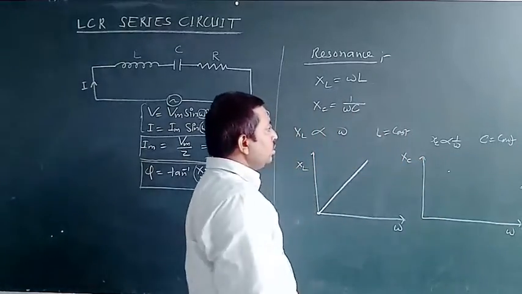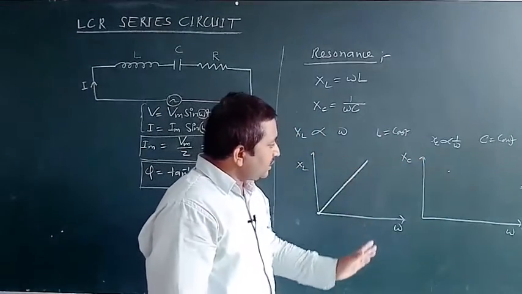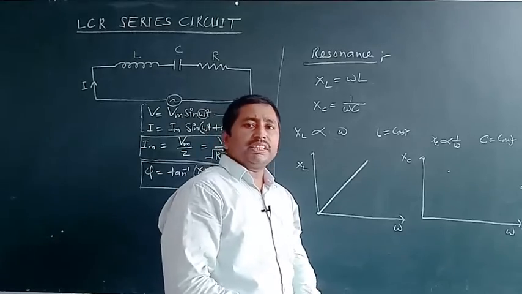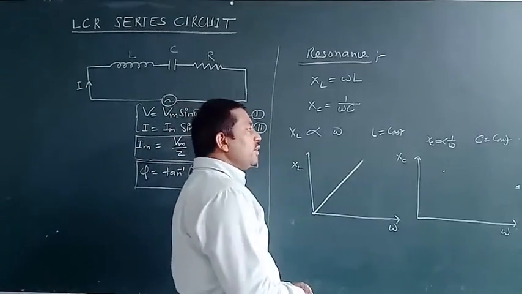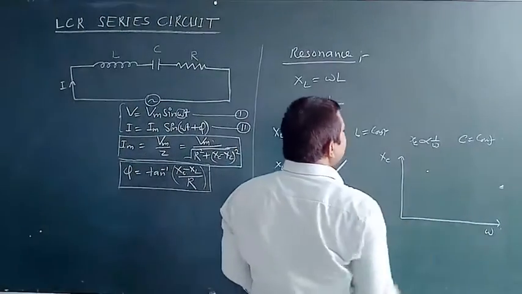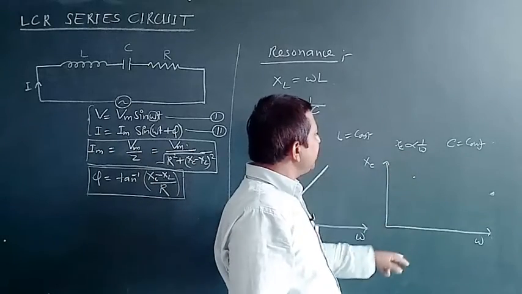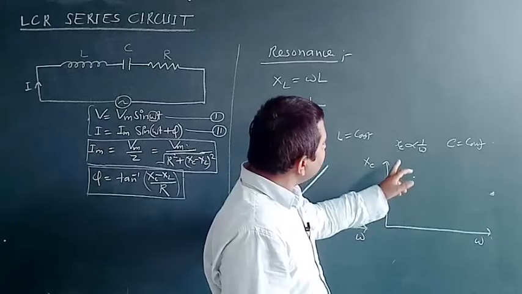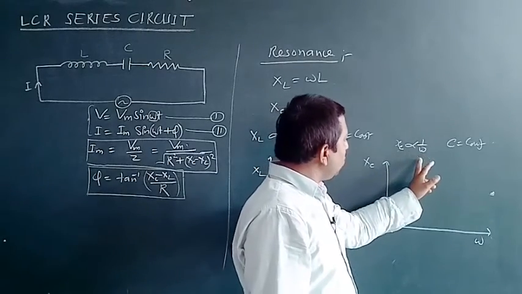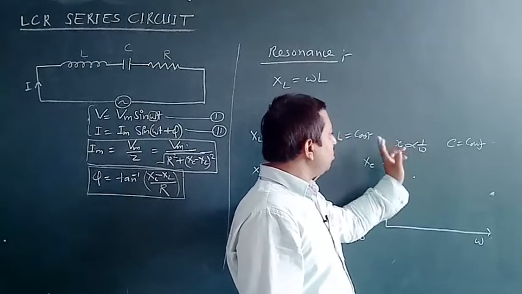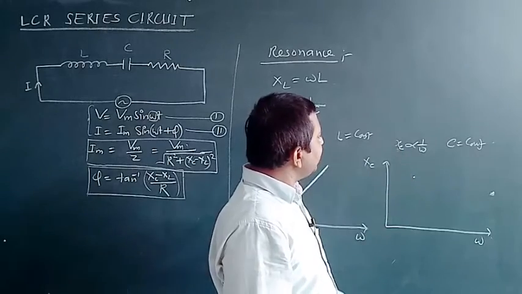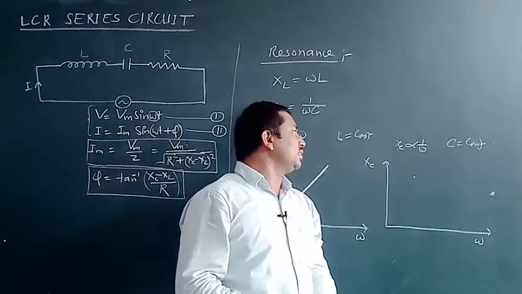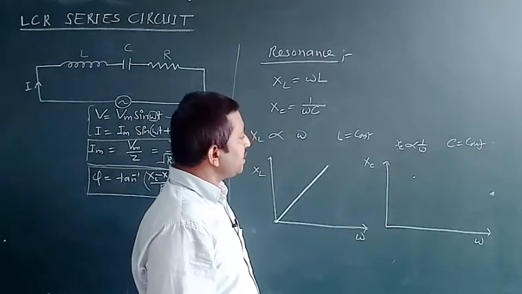So we obtain a reciprocal graph. When we increase the value of omega, there is a corresponding decrease in the capacitive reactance, and when we decrease the angular frequency of the AC source, there is a corresponding increase in the capacitive reactance.